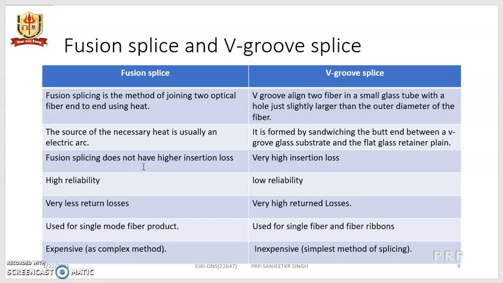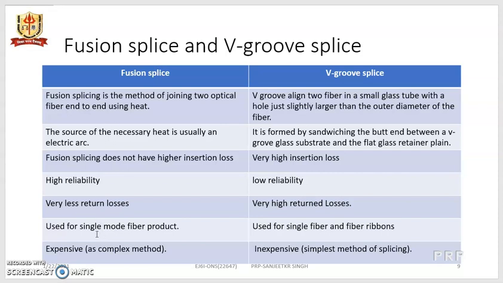Fusion splicing does not have higher insertion loss, whereas V groove has very high insertion loss. The fusion splice has high reliability, low reliability is for the V groove splice, and there is very little return loss for the fusion splice, whereas here there are very high return losses.